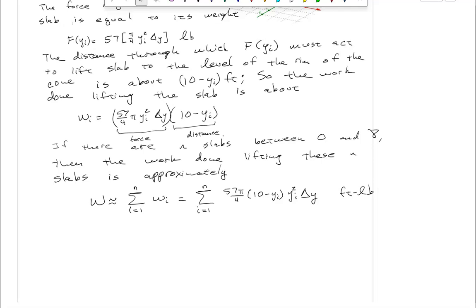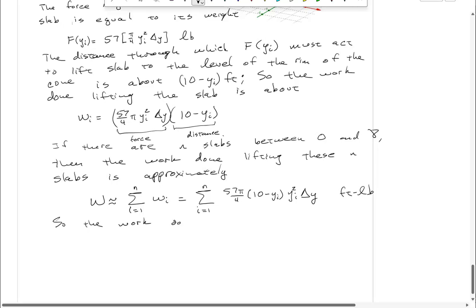So the work done in pumping the oil to the rim is the limit of this sum as n goes to infinity.